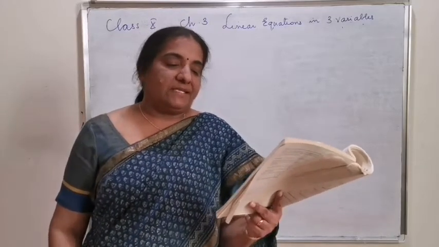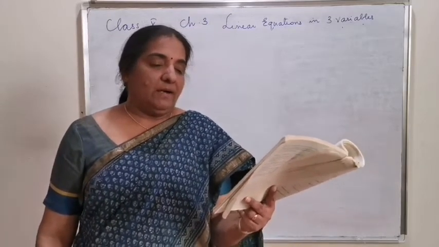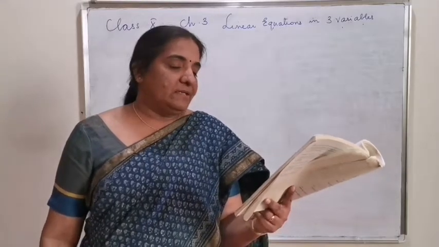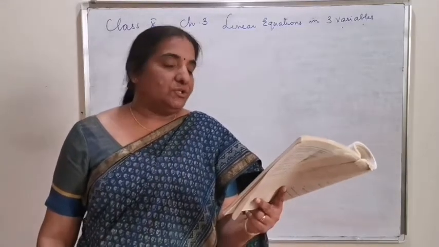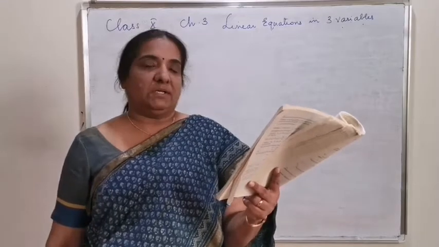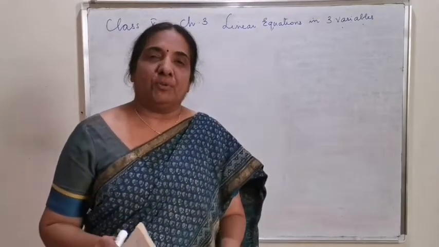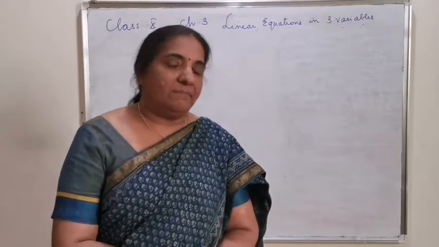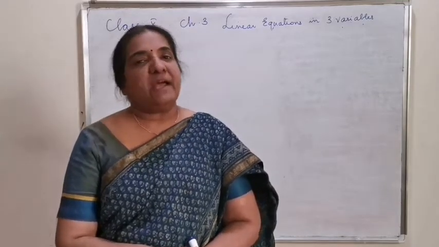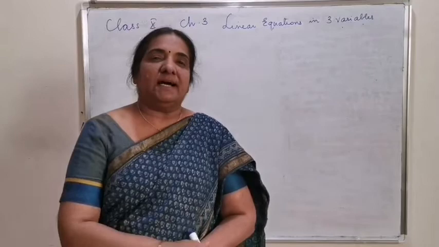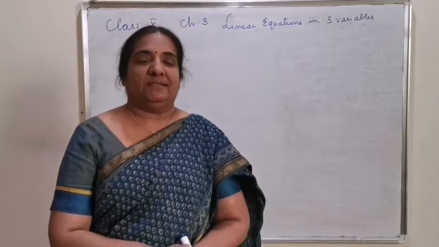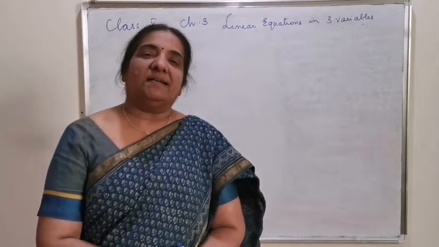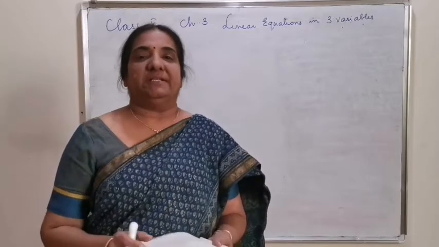Find the time taken by 1 woman alone and 1 man alone to complete the work. For these types of problems based on the work done by any person, we have to consider the work done as a unity. That is, the work done is 1 unit.